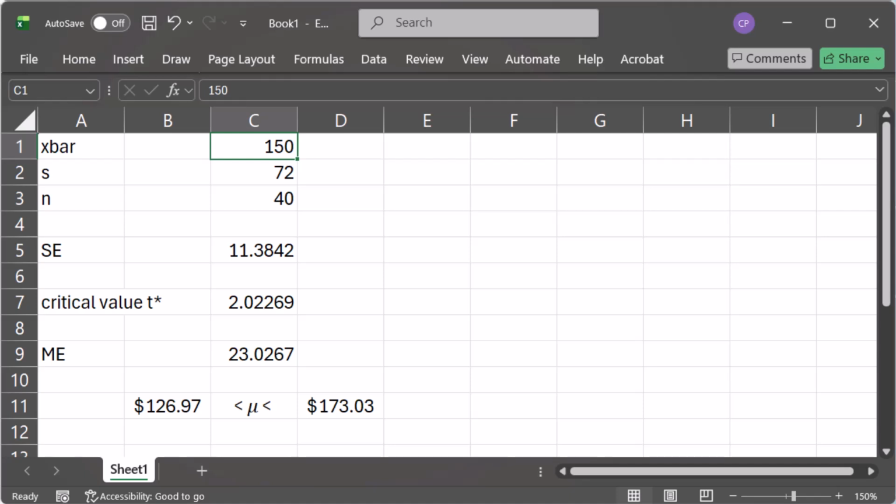But based on this sample data, this would be our 95% confidence interval. We're 95% confident that the true population mean is somewhere in this interval. If we did a different sample, we'd come up with a different interval. They almost certainly would overlap because of this range here. But 95% of the time when we do this, we will have captured the true population mean.